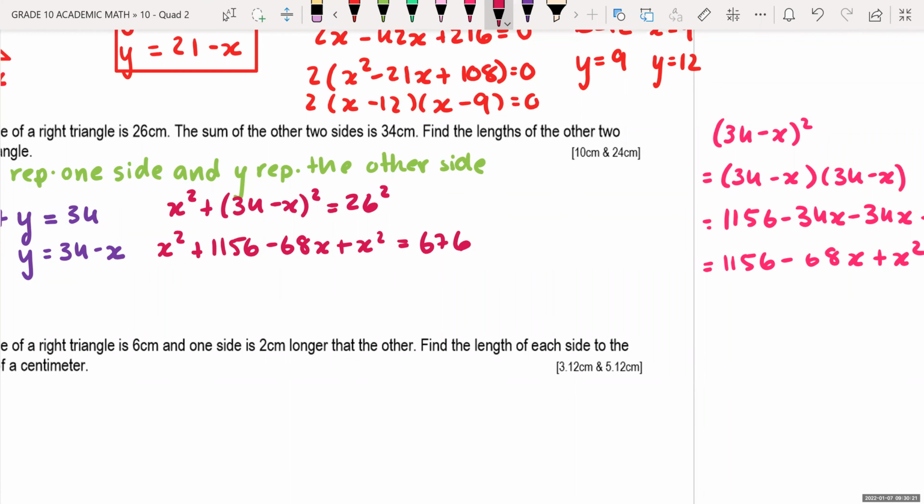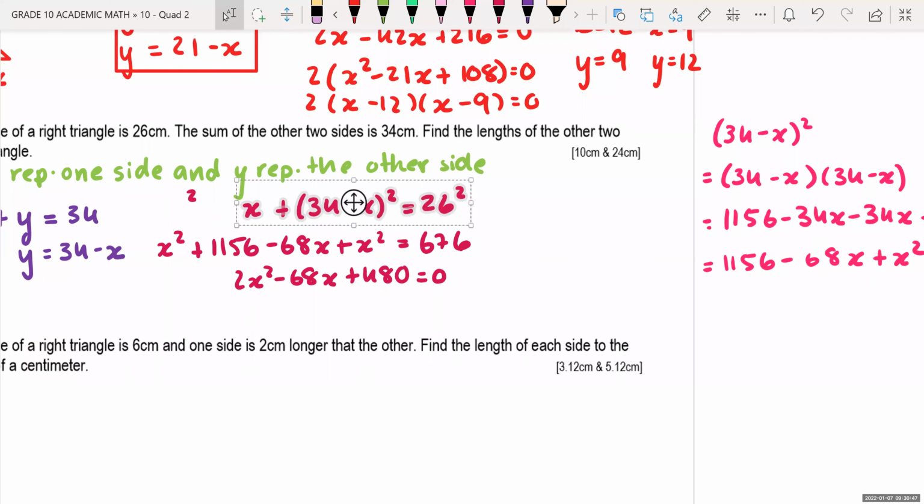I'll go ahead and move everything over to one side and start to simplify. So x squared and x squared is 2x squared minus 68x, and then 1,156 minus 676 is just going to be plus 480 is equal to 0. You're going to notice none of my stuff is lining up, which is just poor math.